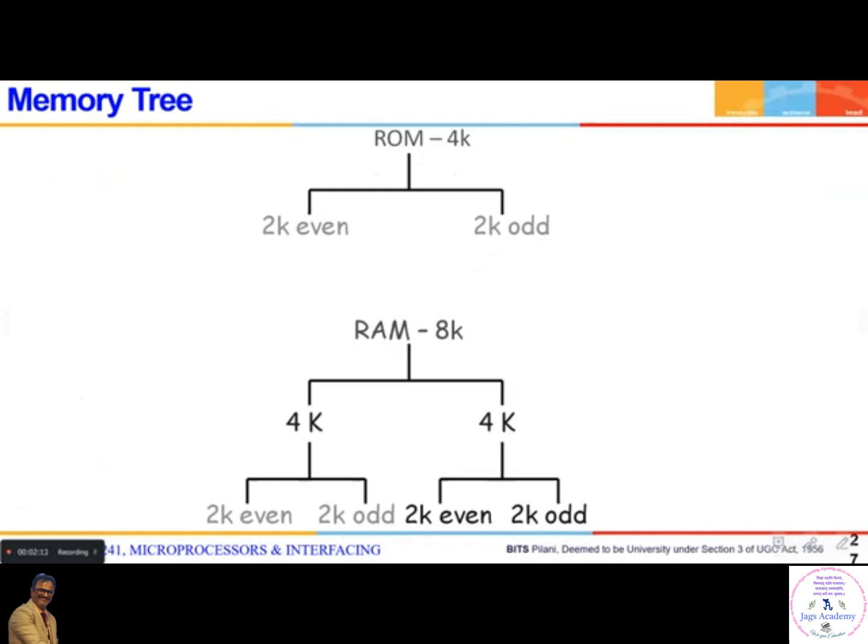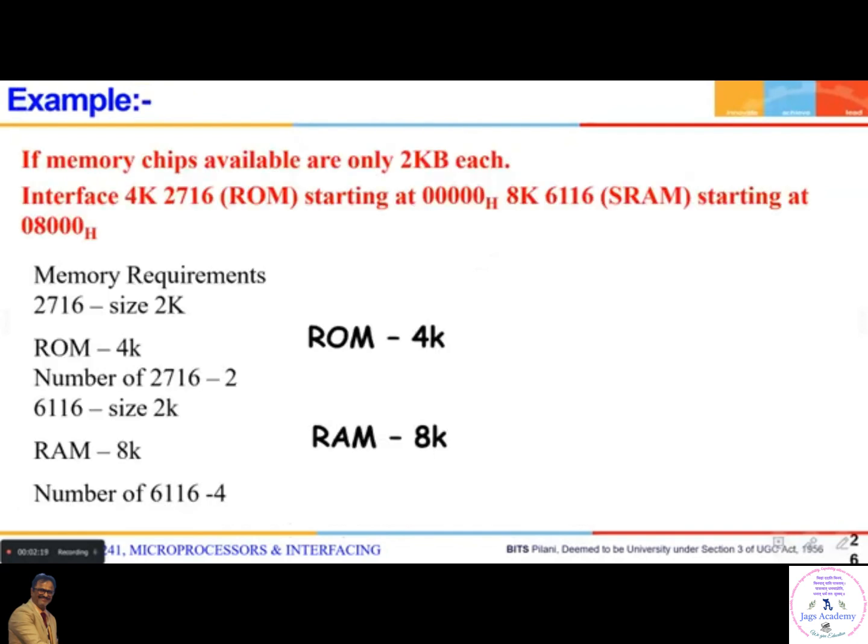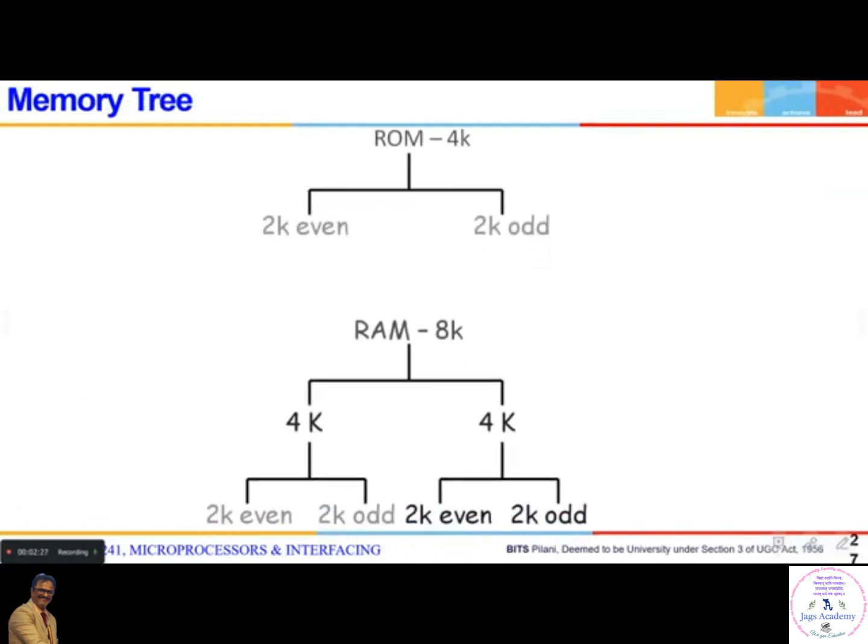Can you tell me, if the starting address of the 4K ROM is 0000H, what will be the ending address? I have already told you about this. The starting address will be 0000H. What will be the ending address?